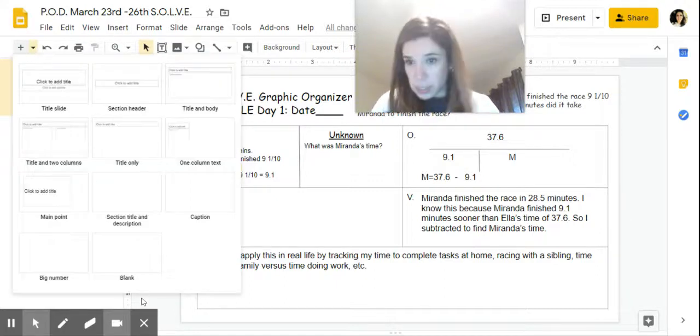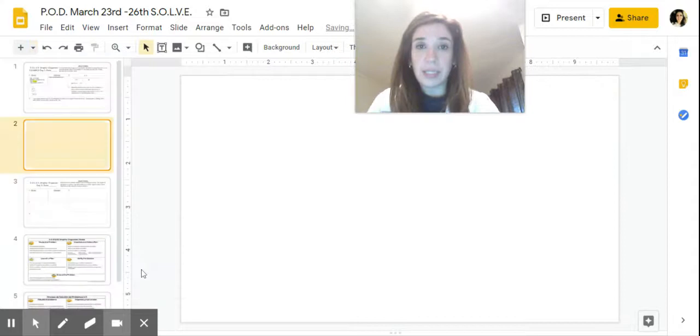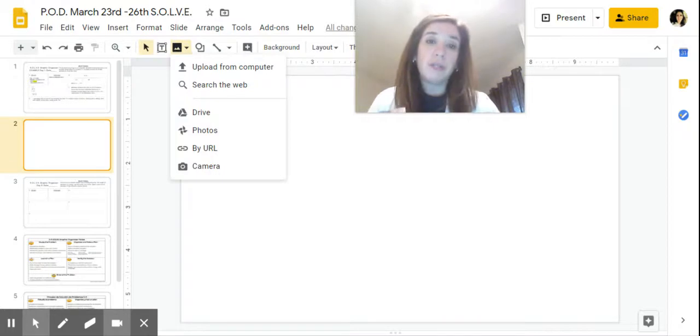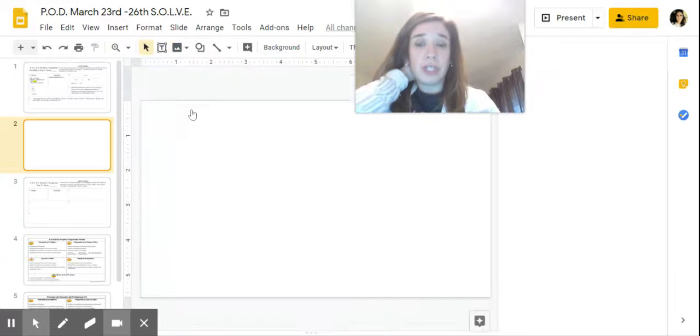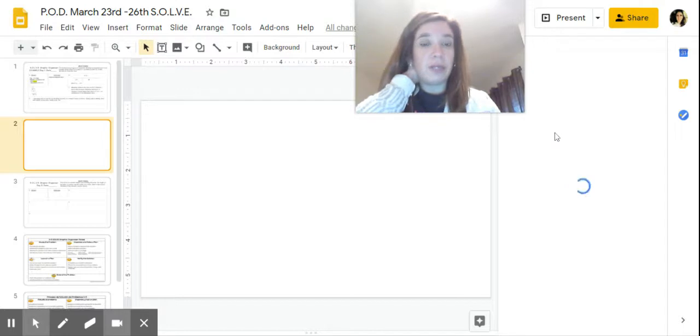I can put a blank slide. I had already taken a picture of my work because initially that's how I was going to do it, but you'd have to make sure to save it onto your computer and all that good stuff. But if I go to Drive, you'll see it's going to pop up here on the side and it'll show recents for me because I saved it onto my Drive.